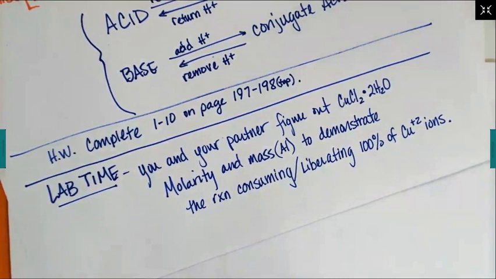Then remember the reaction. You're doing aluminum and copper 2 chloride. It's gonna make aluminum chloride and copper, right? So when we balance this, this is moles of CuCl2.